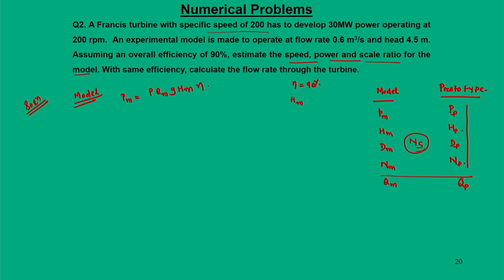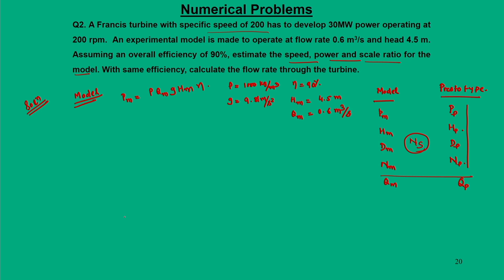The model has to operate at a head Hm of 4.5 meter, Qm is 0.6 meter cube per second, rho stands as 1000 kg per meter cube, g stands as 9.81 meter per second square.